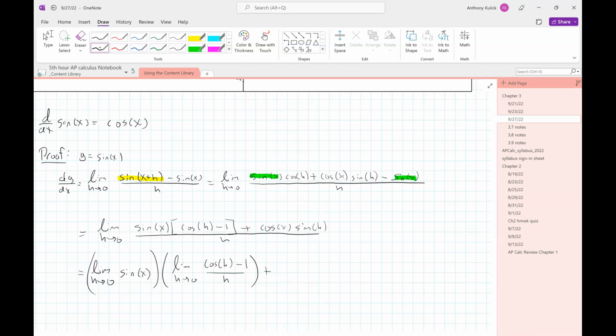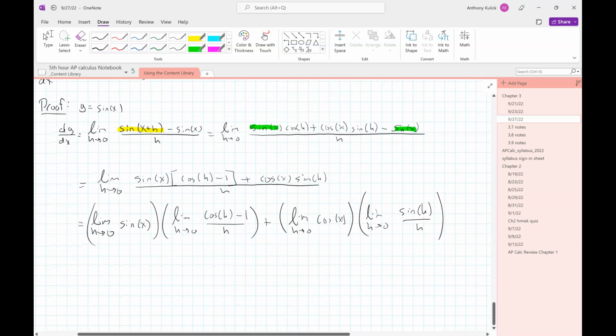And for the second term, I'm going to put the h with the sine. Everybody's okay there with how I broke that apart?